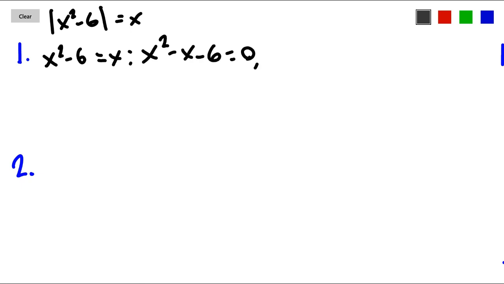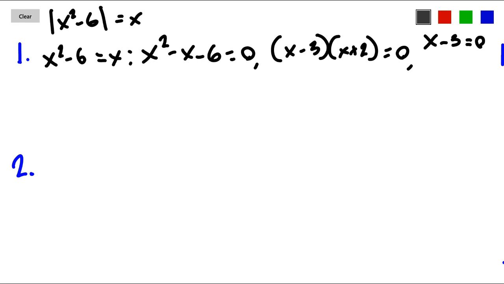And this quadratic equation will factor into x minus 3 times x plus 2 is equal to 0. And so when I set each of the factors equal to 0, I have x minus 3 is equal to 0 and x plus 2 is equal to 0. And when I solve for x here, I produce a couple of answers. I have x is equal to 3 and x is equal to negative 2.